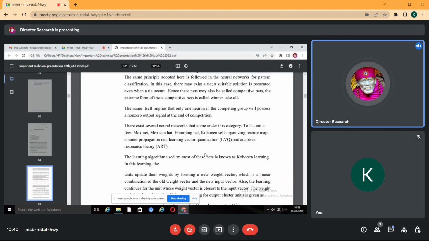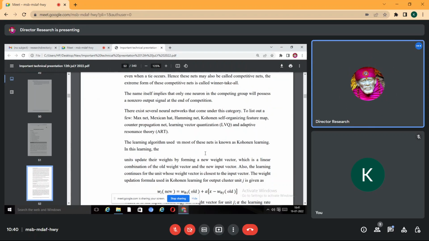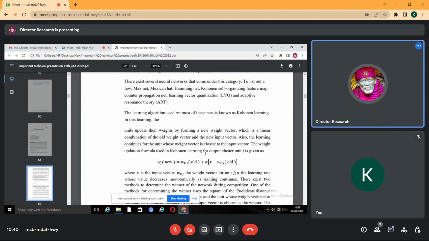The learning algorithm used in most of these nets is known as the Kohonen algorithm. In this learning, the units update their weights by forming a new weight vector, which is a linear combination of the old weight vector and the new input vector. Also, the learning continues for the unit whose weight vector is closest to the input vector.